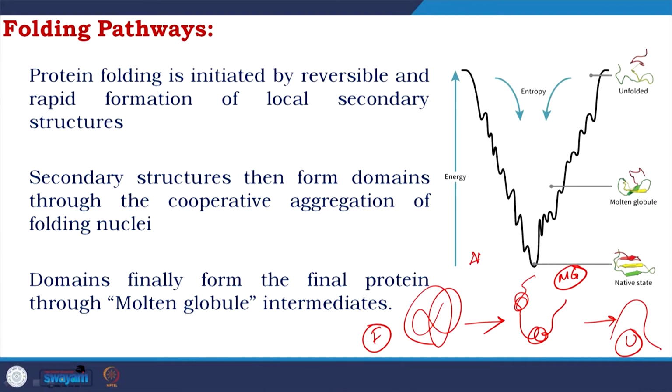If you use a compound called ANS and perform a fluorescence spectroscopy experiment, for a protein which goes through folded to unfolded, you would not see any change, but for a protein which is going through folded to molten globule to unfolded, you will see a change in the spectra.